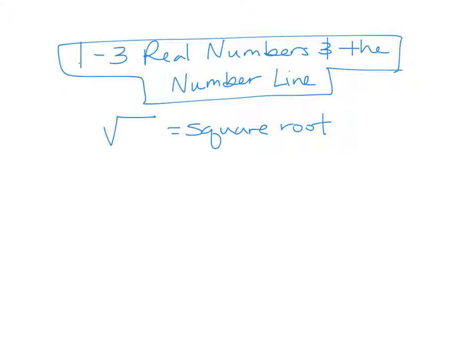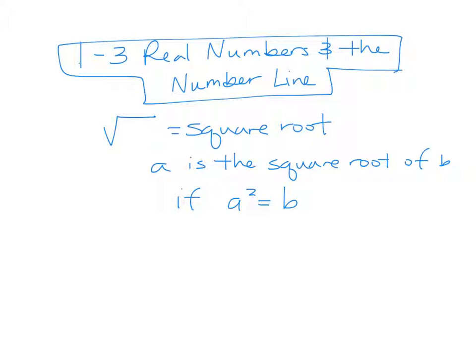So we would say A is the square root of B if A squared equals B. Okay, A is the square root of B if A squared equals B.